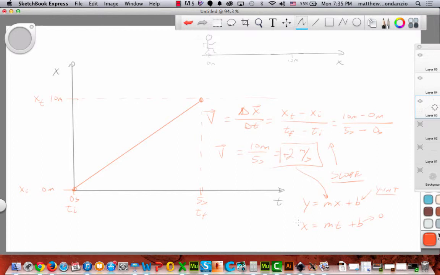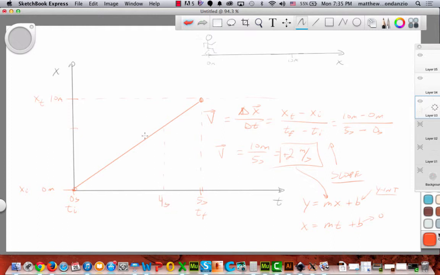So at any point in time, we can figure out what our position is. What if I want to figure out what position I'm at at, let's say, 4 seconds?